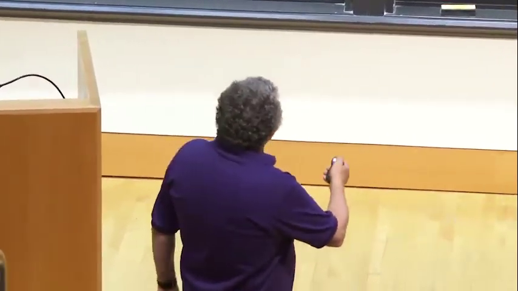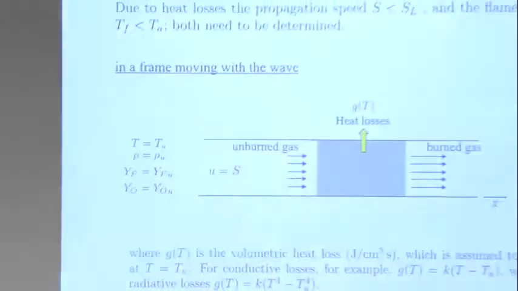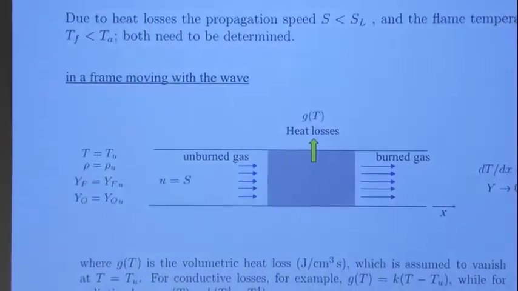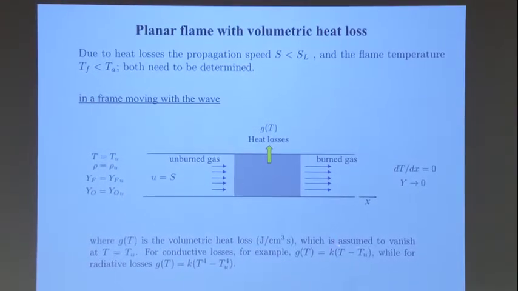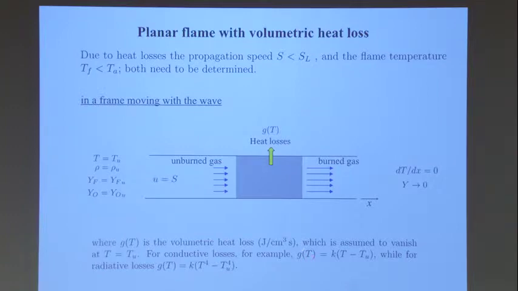On the other hand, it can be radiative losses, which is then fine. It is a volumetric type of heat loss. And I'm not going to say, in the analysis, which kind of losses. I'm going to say just that the losses are a function of the temperature, so they can be either proportional to the temperature difference between the local temperature and the unburned temperature, or some other functional form like this for radiative losses. Okay, everything else is clear.